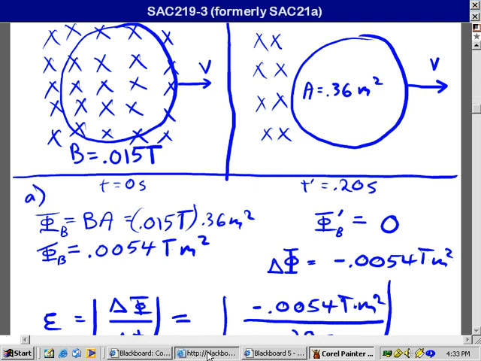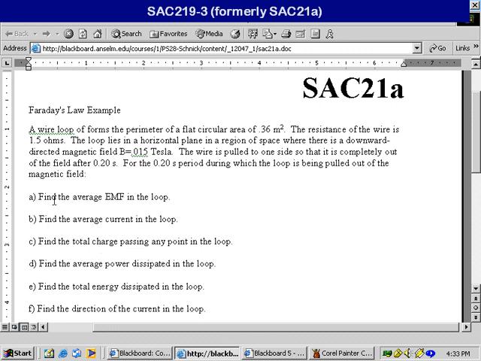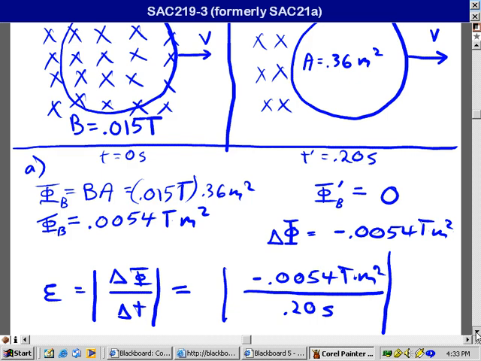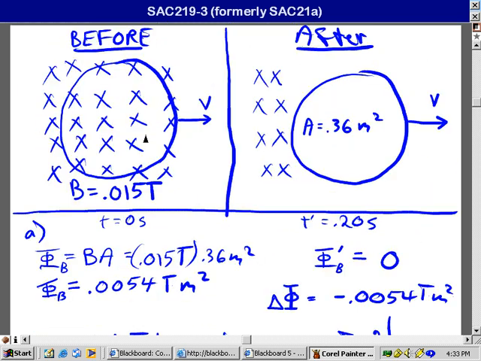Let's see if that was indeed the question. Find the EMF. Okay, yeah, we got the EMF. Then B, they want the average current in the loop. This EMF is induced in the entire loop, throughout the loop, but we can model it as if it was a battery, just for that 0.20 seconds. Furthermore, the entire loop altogether, that length of wire has a certain resistance.